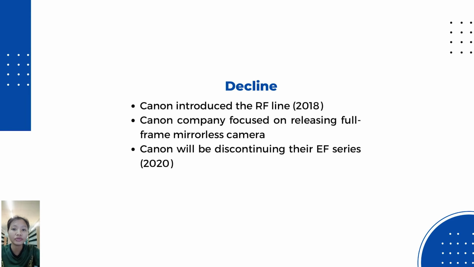In 2018, Canon started introducing the new product with the RF mount. In 2018 also, the Canon company focused on releasing new full-frame mirrorless cameras. Canon will discontinue producing the EF series product. I will pass this to the next presenter.